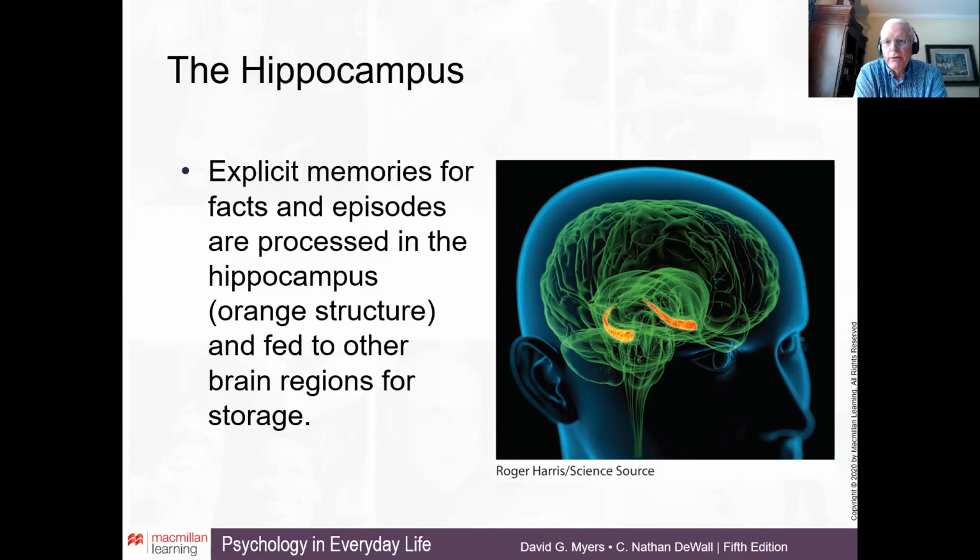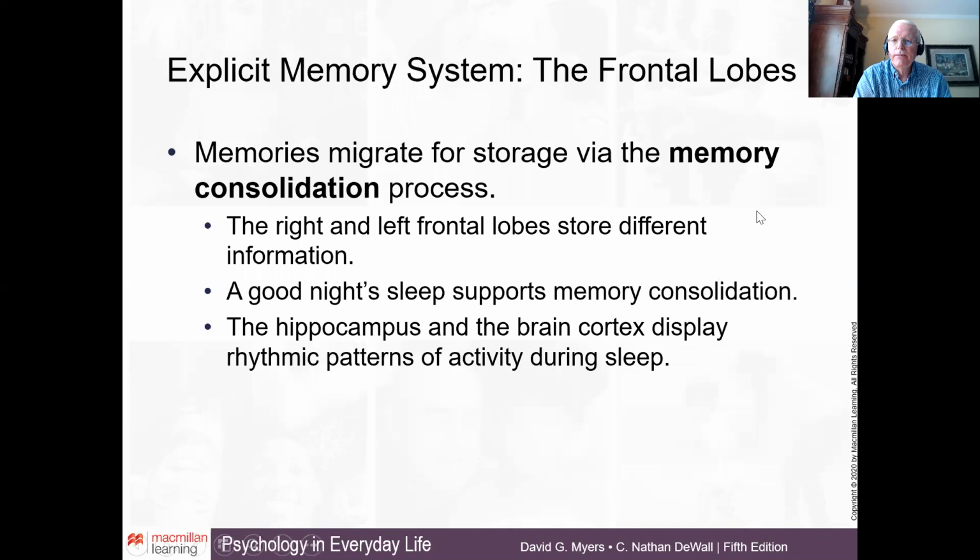Remember the case of HM that we talked about earlier? HM lost the hippocampus on both sides of his brain as a result of surgery. And if you recall, he lost his ability to form explicit memories after that surgery took place.